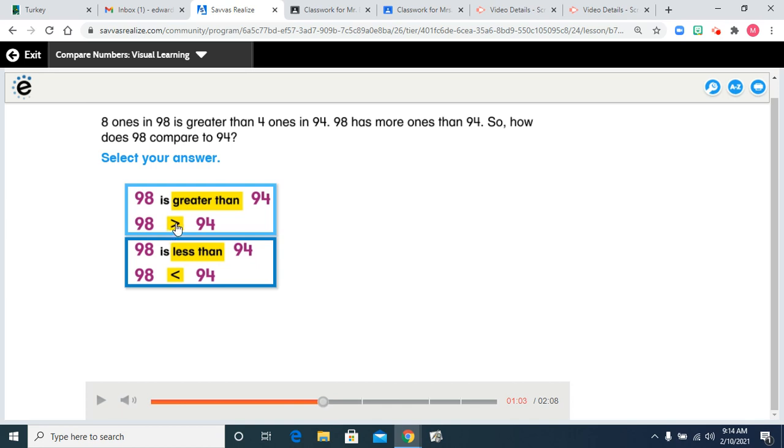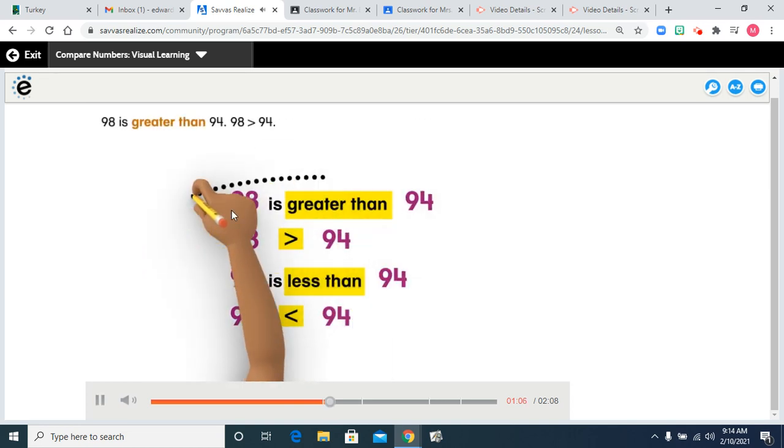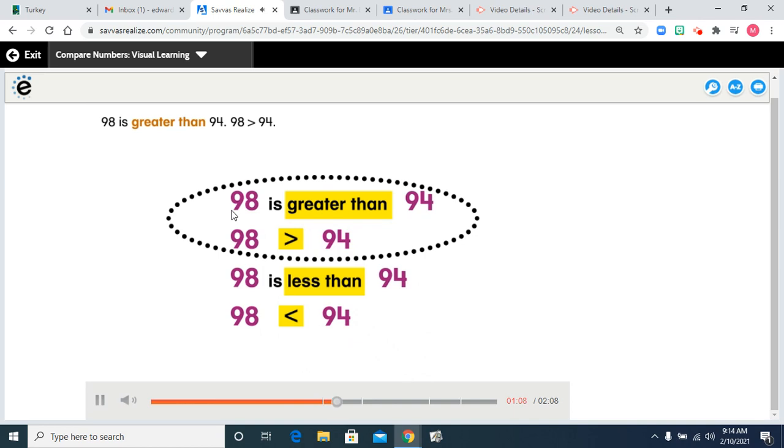So it looks like the alligator is going to eat 98 for this one. And then this one says 98 is less than 94, and the alligator is going to eat the 94. Well, we know that 98 is bigger or greater than 94. So it would be the top one. 98 is greater than 94.